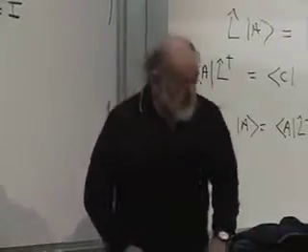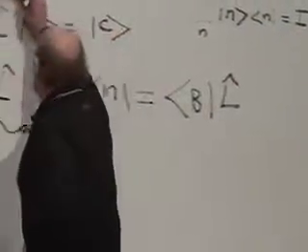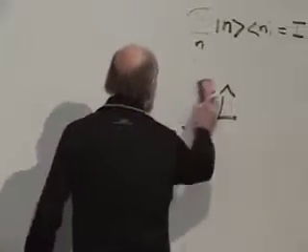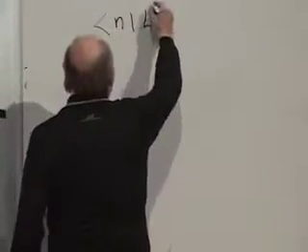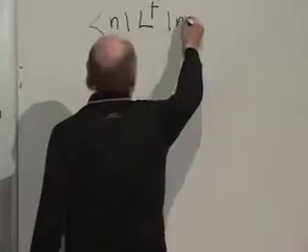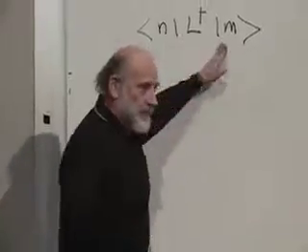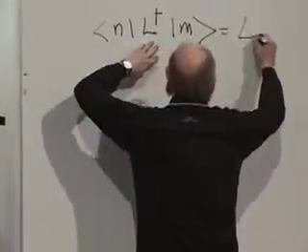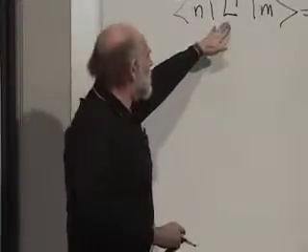Now, let's consider a useful way to define complex conjugation. We can define it in terms of a basis. Supposing we have a basis of vectors and we consider the inner products N, L, M. If we know all of the matrix elements in a basis, and we can call these things L, N, M, then we know everything there is to know about the operator.